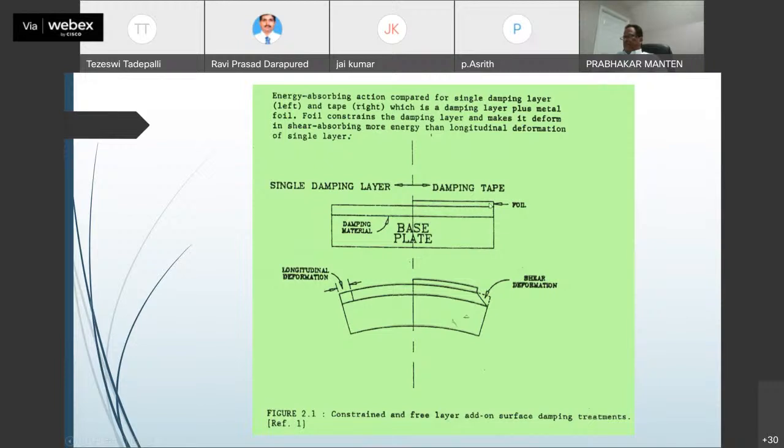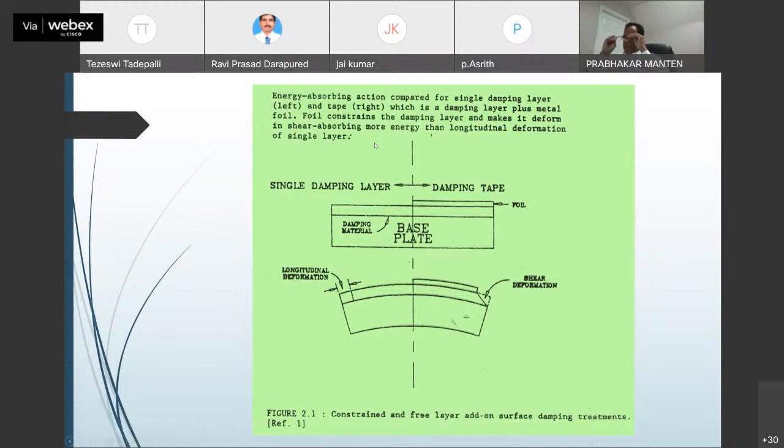There's a thin metallic foil attached. It's not thin, but thick enough and stiff enough, so that when this plate vibrates, the damping layer plus the metal work together. This foil constrains the viscoelastic damping layer, which is in the middle, and makes it deform in shear, absorbing more energy than longitudinal vibration of a single layer.